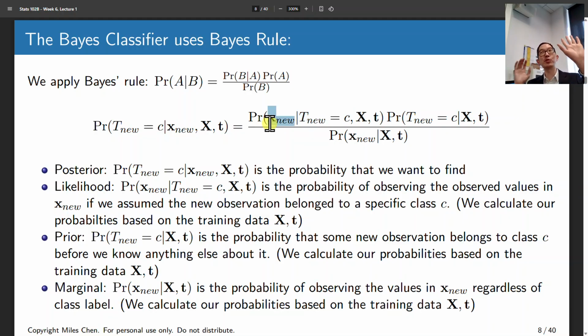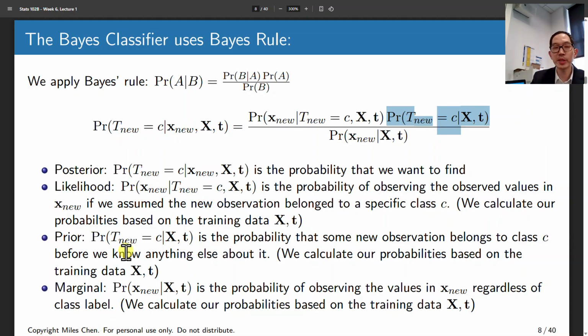So you're switching from, if I have this number, what's the probability of the label or category, to swapping it around: if we had a dog of this category or breed, what's the probability I get this x value? That's the likelihood. It's the probability of observing the observed value if we assumed the new observation belonged to a specific class.